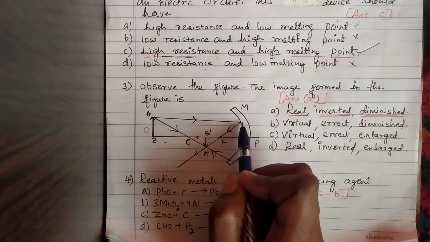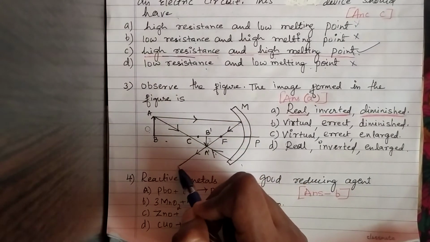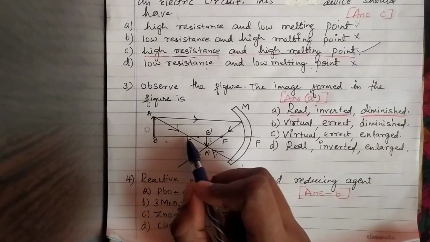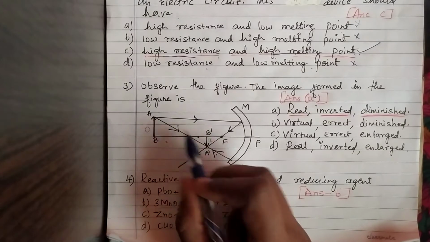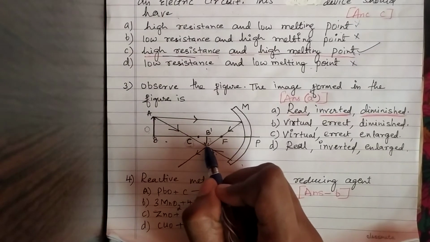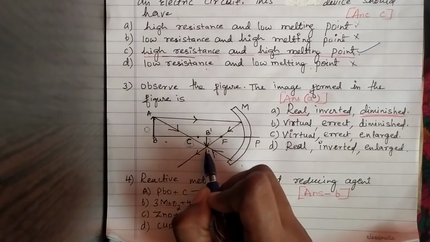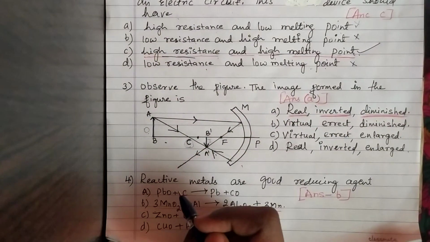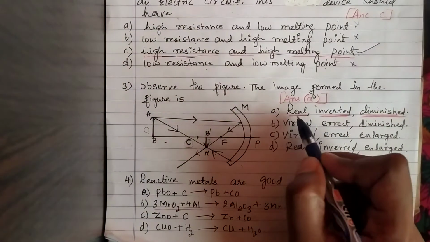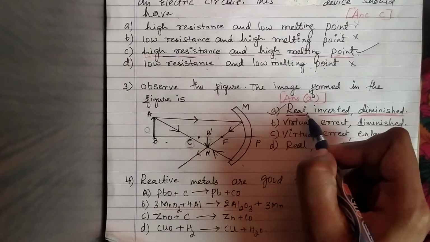The first ray goes and gets reflected from the mirror and comes this side, and the next ray goes through the center of curvature and then goes back. So the image formed is over here. This image is real, inverted and diminished. The reason it is real is because it's formed in front of the mirror and not behind the mirror.